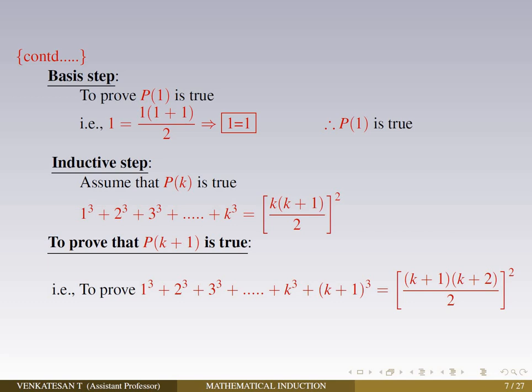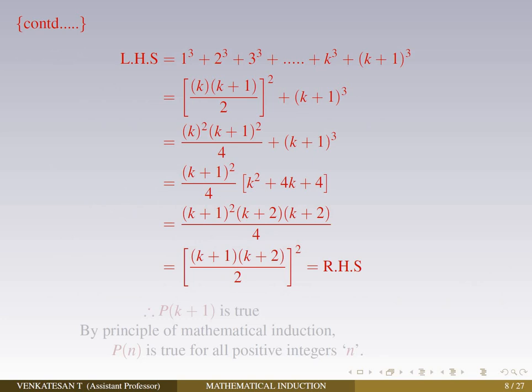Now consider the left hand side. I want to prove my right hand side now. My left hand side is 1 cube plus 2 cube plus 3 cube plus etc. up to k cube plus (k plus 1) whole cube. By using the inductive hypothesis, I know that the first k terms will be replaced by (k into (k plus 1) divided by 2) whole square, and the last term (k plus 1) whole cube remains the same.